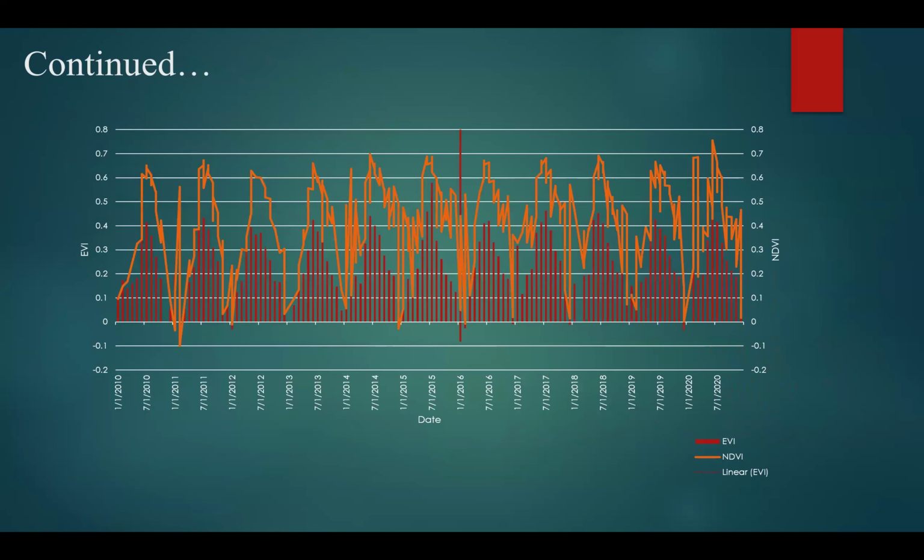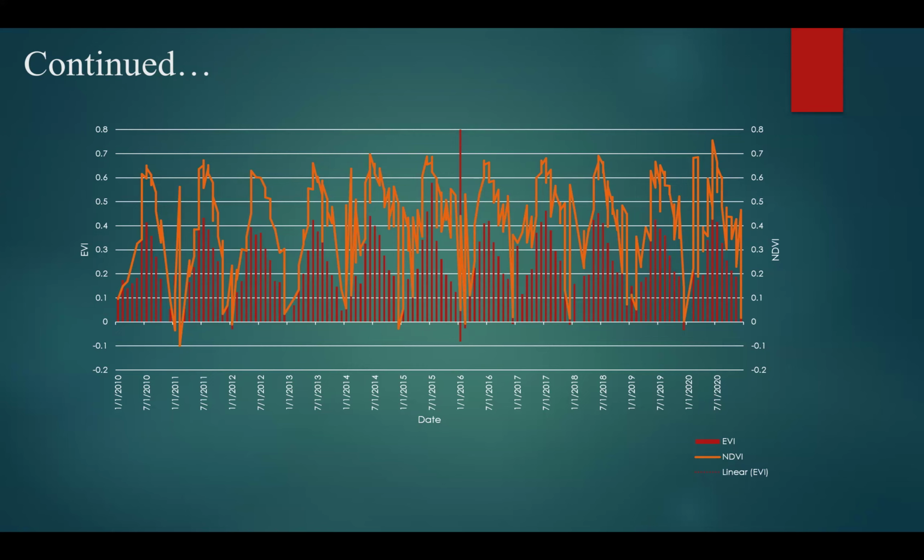The other one is where we are putting the NDVI and EVI in the same time frame in the Logan watershed, all the way from January 2010 to December 2020. What we are seeing is that NDVI is higher than the EVI, and there is a pattern going up and down, and that's clear.